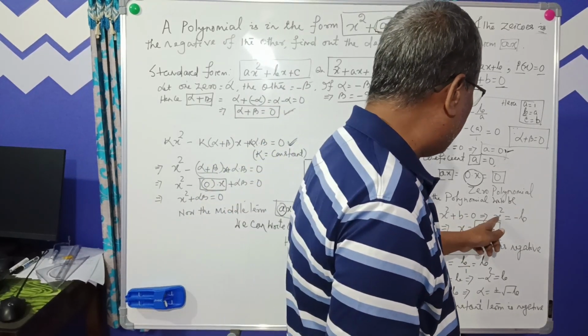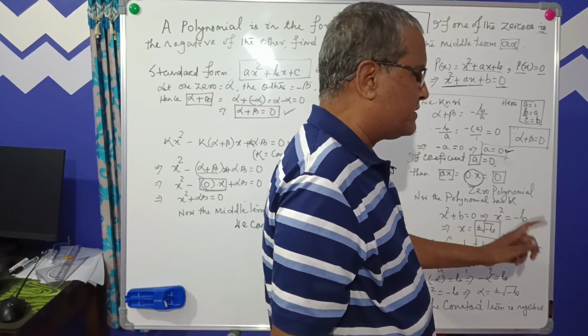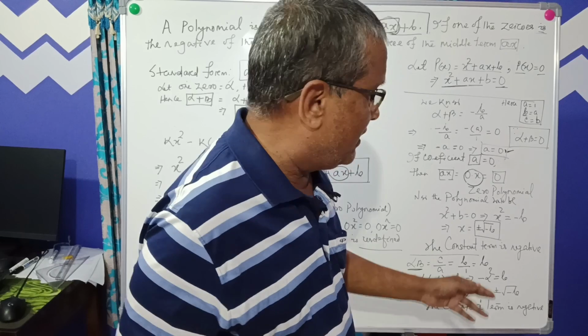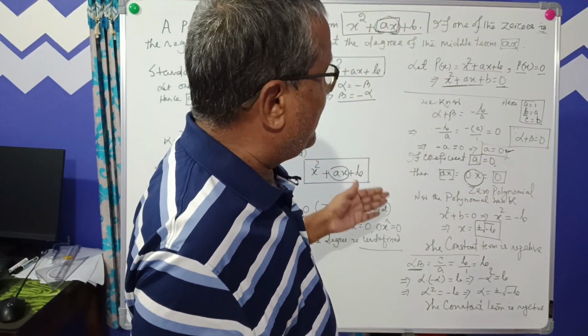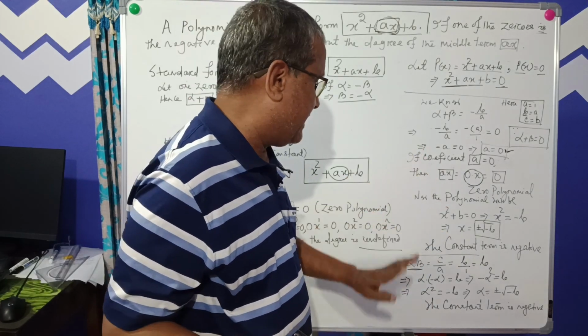That implies x square is equal to minus b and x is equal to root over minus b. Here the constant b is less than 0, negative. That is another part of the question. What is the sign of the constant? That is negative.